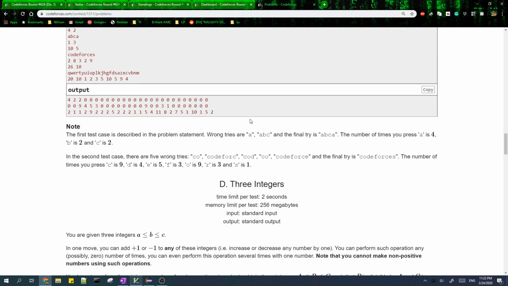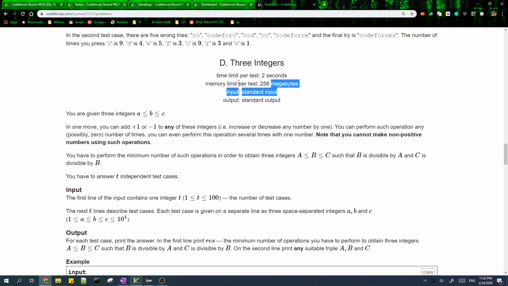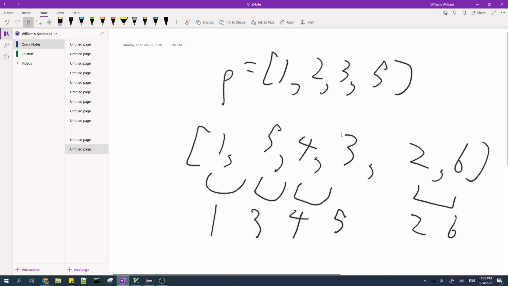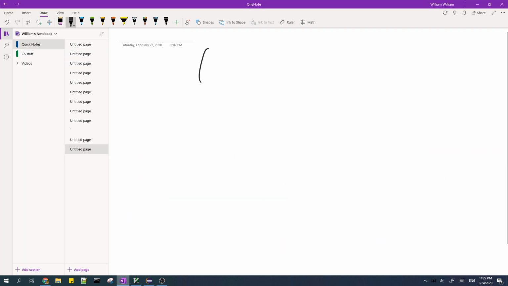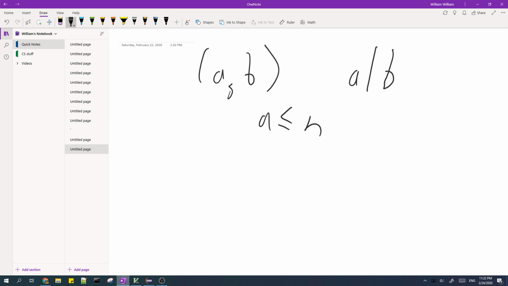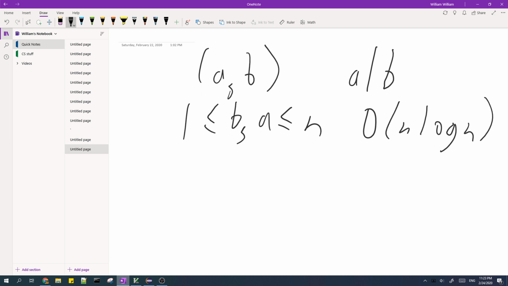Okay, so for D, the intuition for this problem is that if you know the number of pairs A and B such that A is divisible by B, and both of them are integers from 1 to n, then there are about O of n log n such pairs.